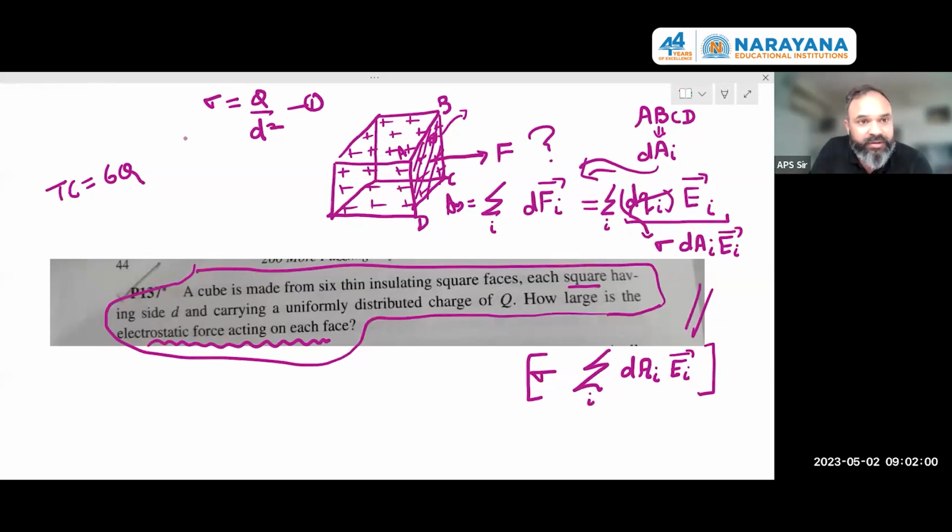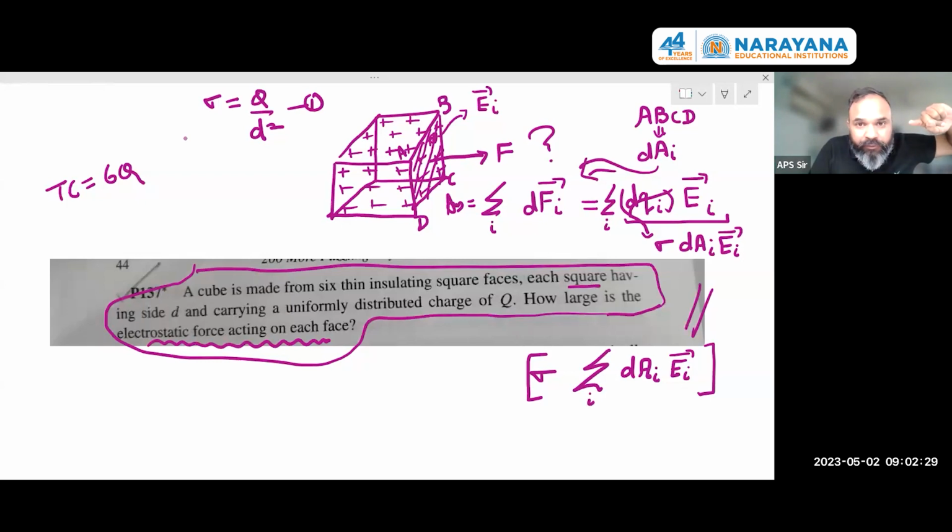Now the problem is, when I say field here, technically I have to write Ei here because of the remaining 5 faces. So the problem area is: you take a box, you are at a general location on one of the faces, and if you want to find the net force, obviously the remaining 5 can exert it. That face itself will not exert any net force on the face.